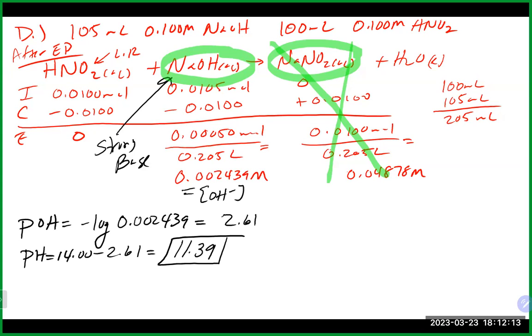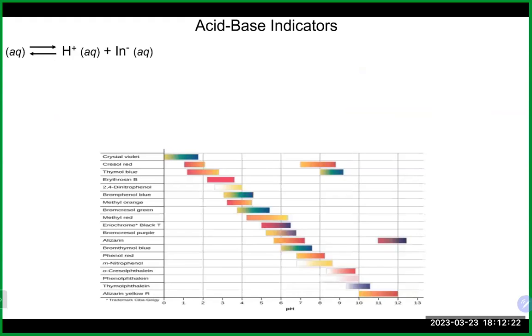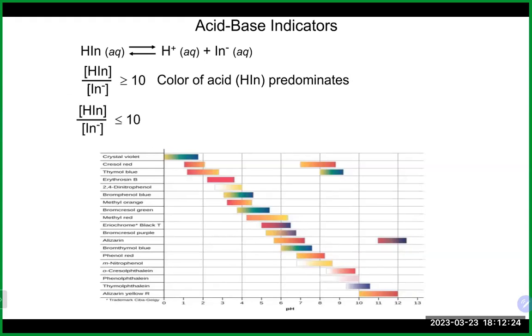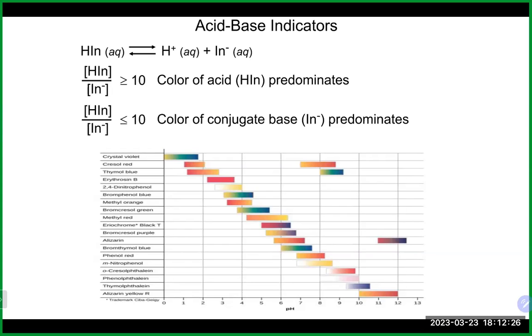All right, then to finish up the rest of this chapter, we're going to talk a little bit about indicators, which we might have talked about before. An acid-base indicator is oftentimes used to indicate a change, and it'll be a change in color.